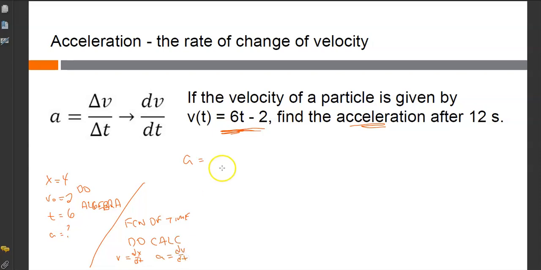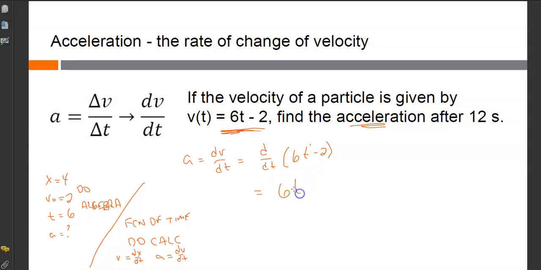Okay? Well, this is a function of time. I see that expression there, 6t minus 2. I go, that's a function of time. I bet I'm supposed to do some calculus on this. And in fact, I know that the acceleration is dv/dt. So that would be the time derivative of 6t minus 2. And that's a pretty easy derivative to do. You just get 6, right? If you want the gory details, this is t to the 1. 1 times 6 is 6.